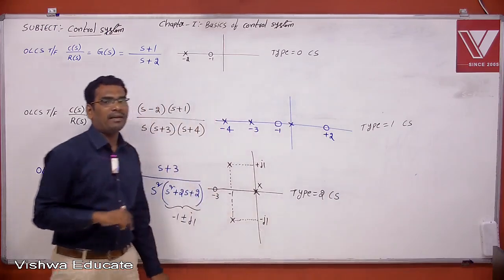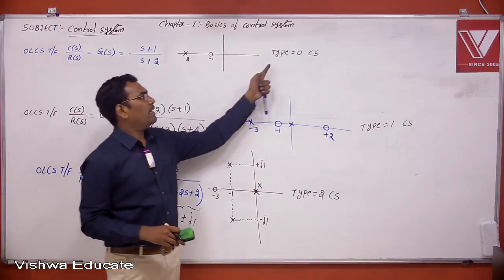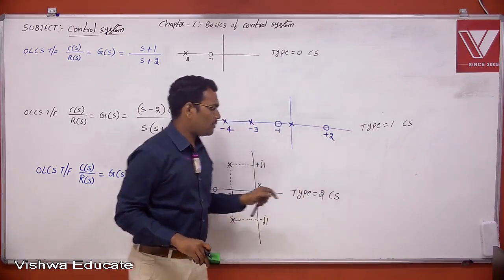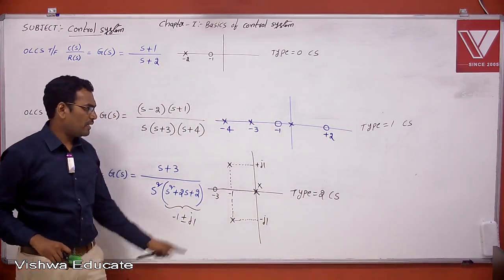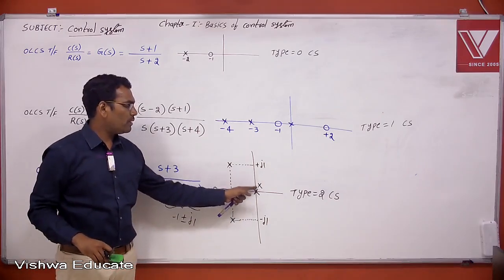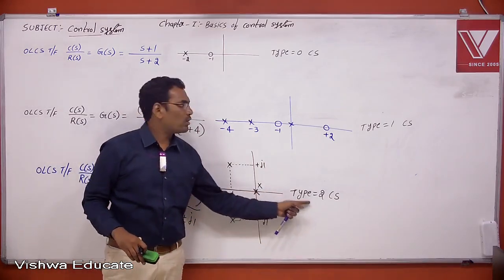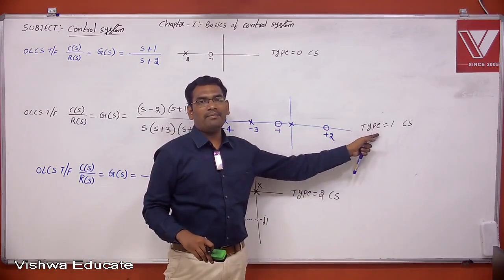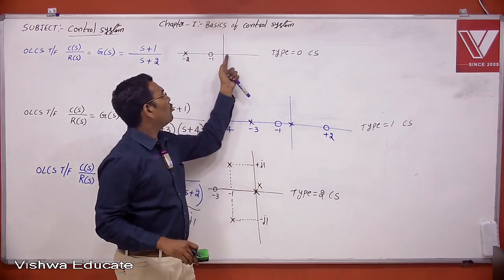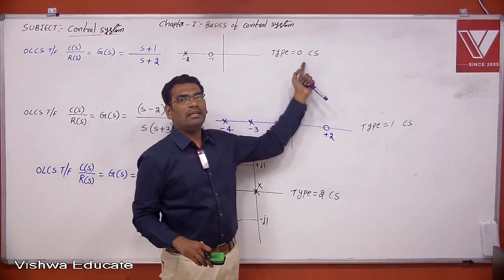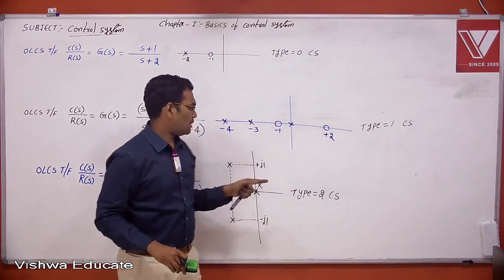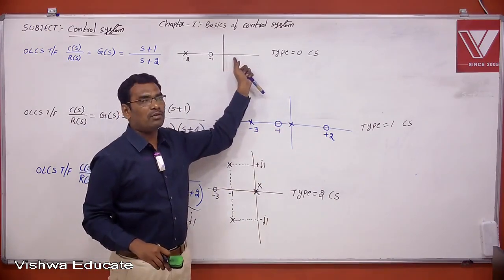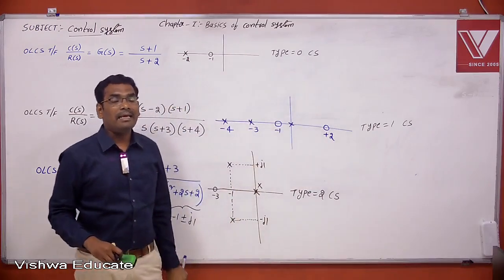One important parameter which comes here is the type of the control system. Again, 2 open loop poles at origin means type 2, 1 open loop pole at origin means type 1, and no open loop pole at origin means type 0.